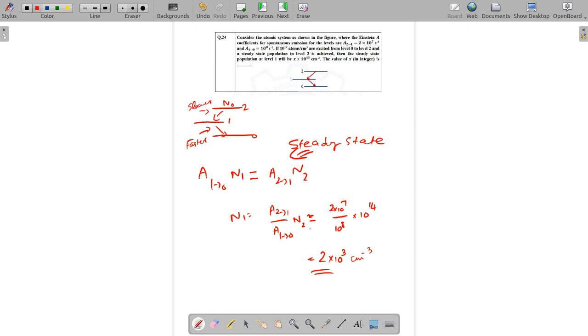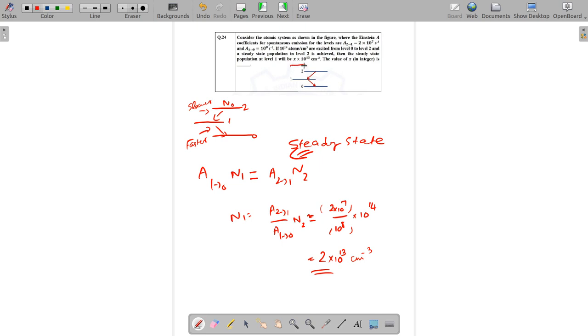Putting that value, A21 is 2 into 10 raised to 7, divided by A10 which is 10 raised to 8, times N2 fixed at 10 raised to 14. So 7 minus 8 is minus 1, and 14 minus 1 is 13. That gives 2 into 10 raised to 13 atoms per centimeter cube.